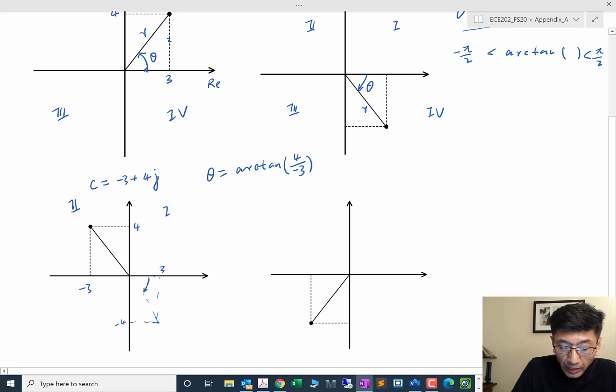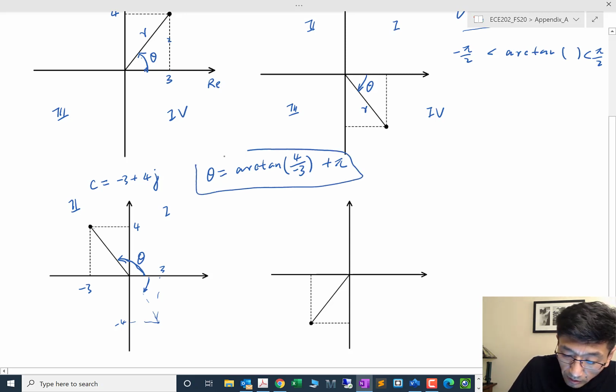So you need to add a pi to get the angle you really need. This is the theta you're trying to find. This is the wrong theta, so you need to add pi, right? So this one is the theta for this.